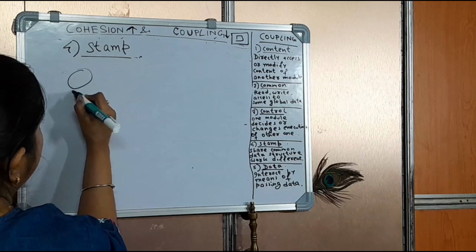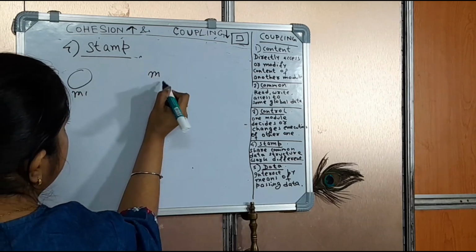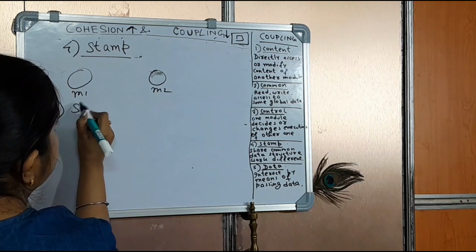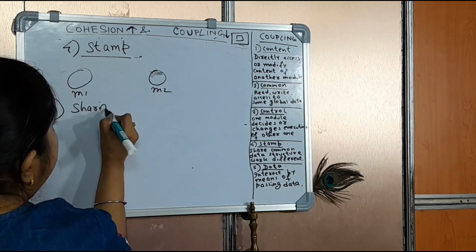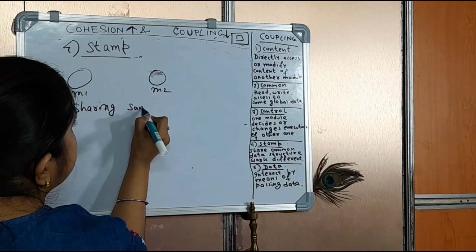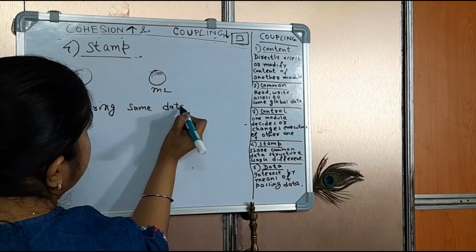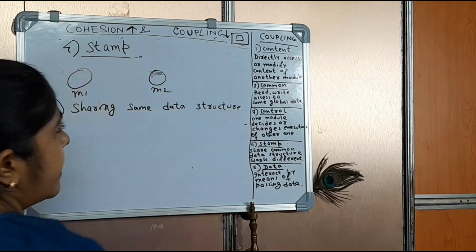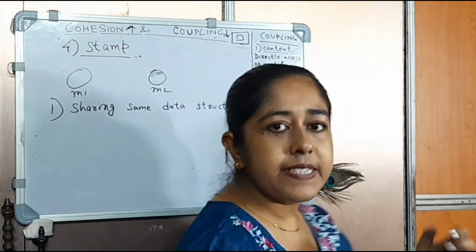Suppose M1 and M2 are sharing the same data structure. Their data structure is the same.